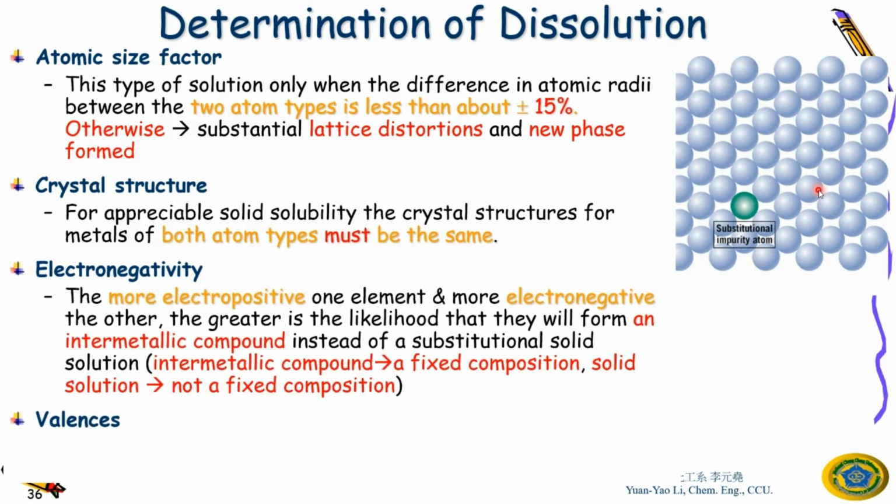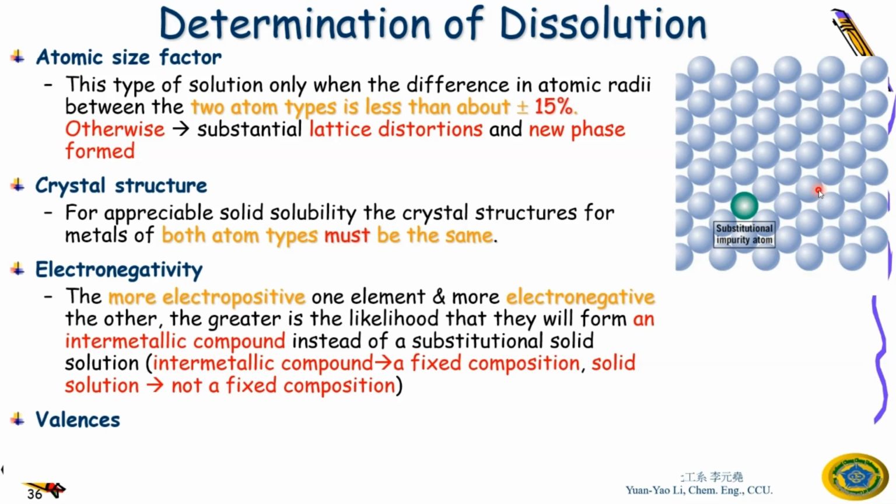The more electropositive one element and the more electronegative the other, the greater the likelihood that they will form an intermetallic compound instead of a substitutional solid solution. What does that mean? If you want to make a solid solution, the electronegativity of both atoms needs to be very close.